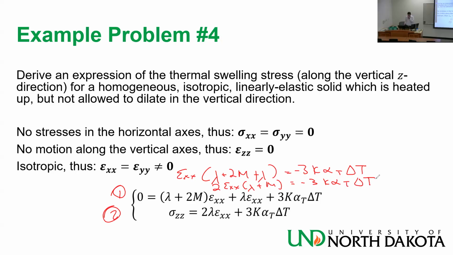And then I will have epsilon xx equal to minus 3k delta t divided by 2 lambda plus m, unless I'm very much mistaken.